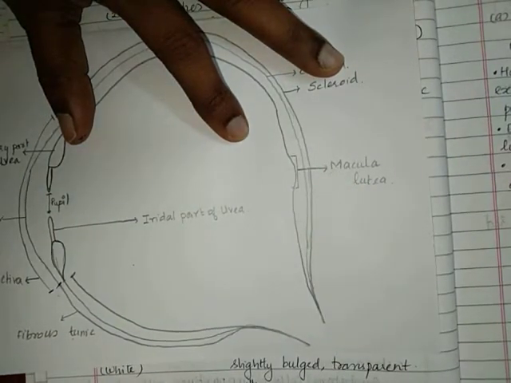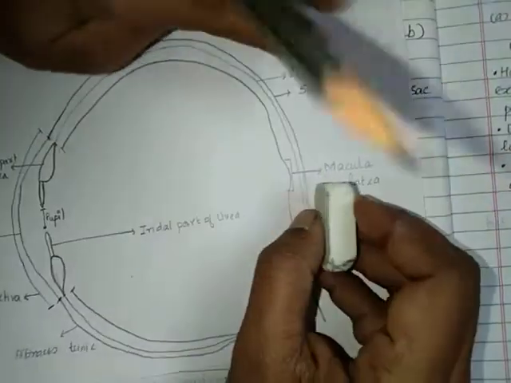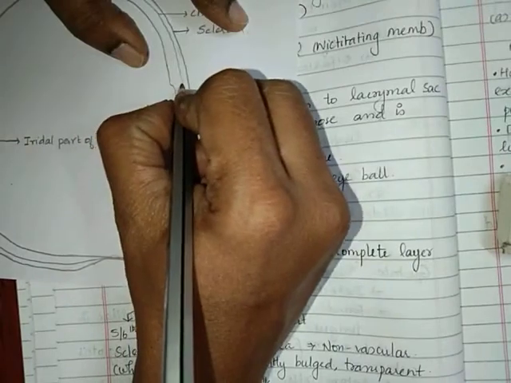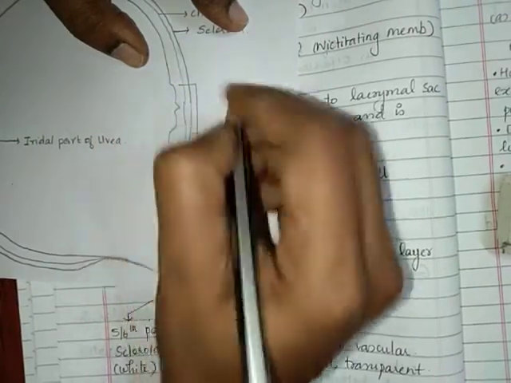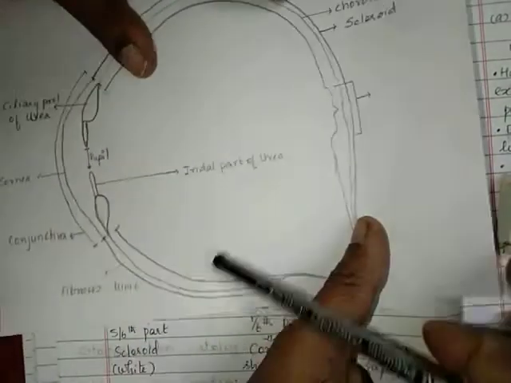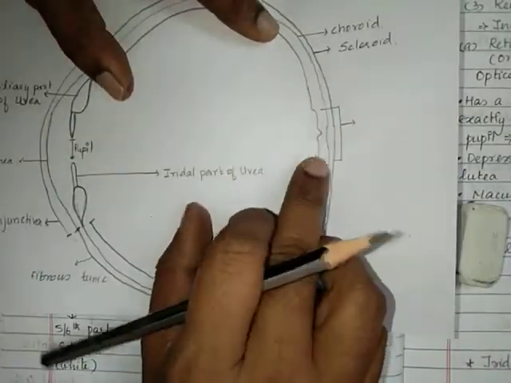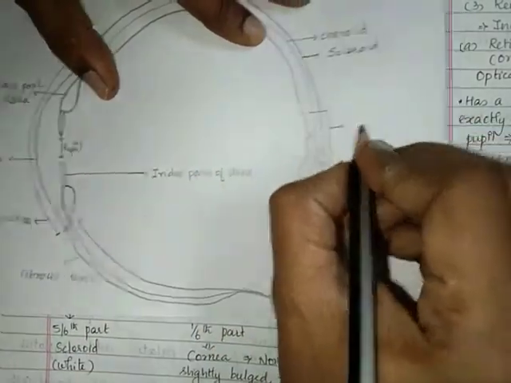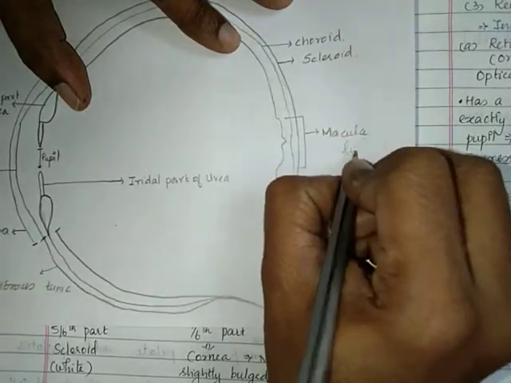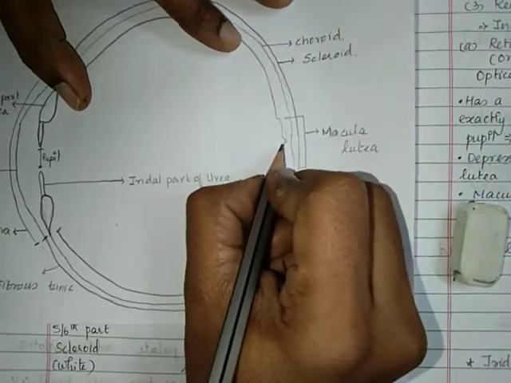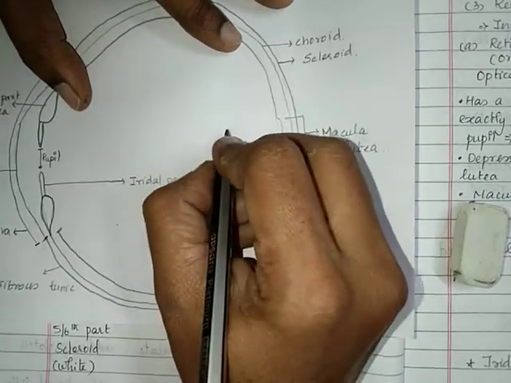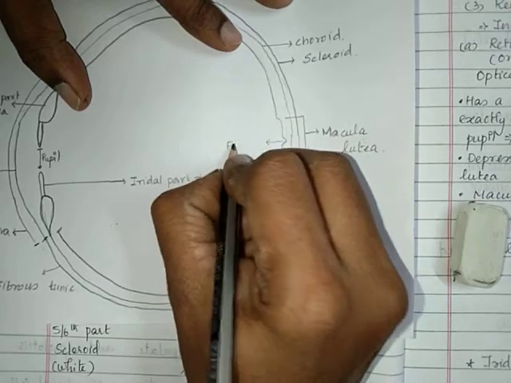I'll make it a little clearer so that you understand it easily. So this complete depression that is present straight at the back of the pupil is called macula lutea. And within the macula lutea there is again a sharp depression, and this sharp depression is called fovea.